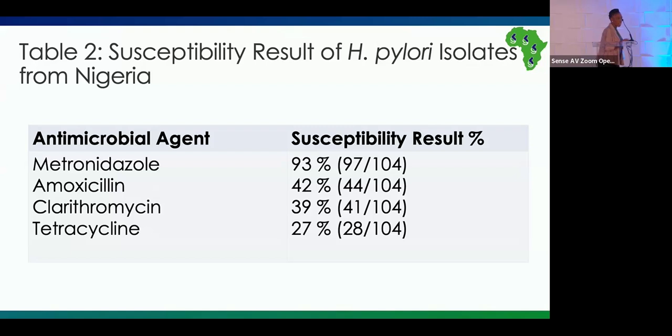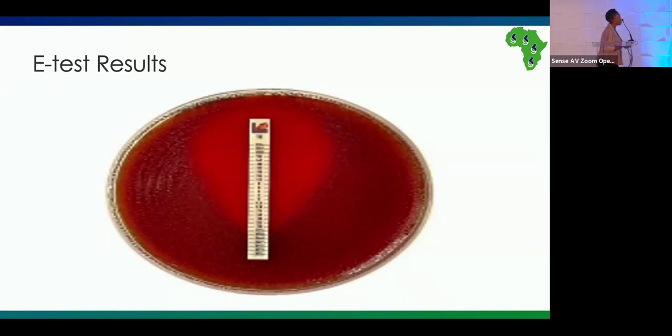Then we did an efflux pump analysis on the isolates, and statistically, the efflux pump HefA was associated with amoxicillin resistance. Clarithromycin resistance was 39% and tetracycline 27%. Here is a picture of the plate for E-test.